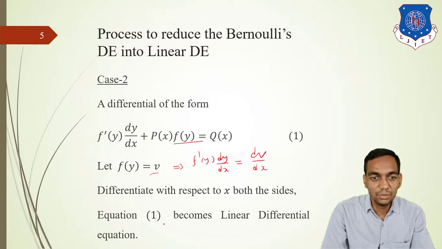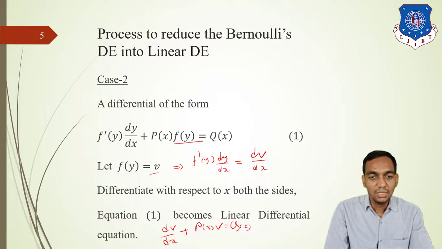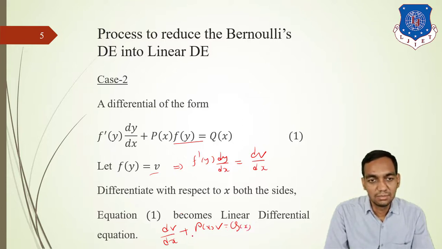So if you are substituting it here, then you will have dv/dx + p(x)v = q(x). Correct? So this is also linear.